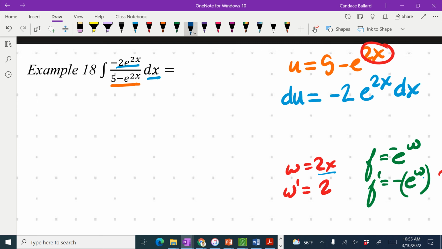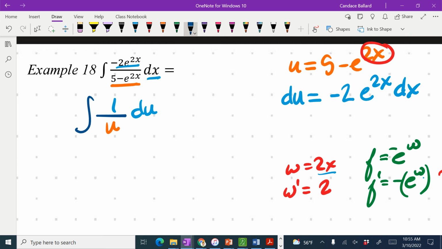Okay, let's see if we can finish it off. So we've got u going in for the denominator, and then for the negative 2 e to the 2x dx, we're putting in du. Put a 1 in the numerator. All right.